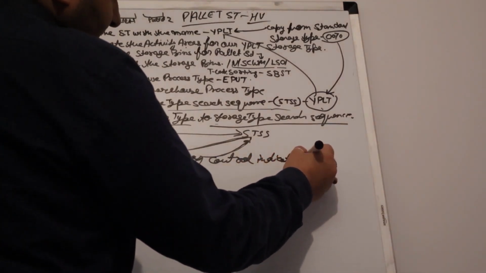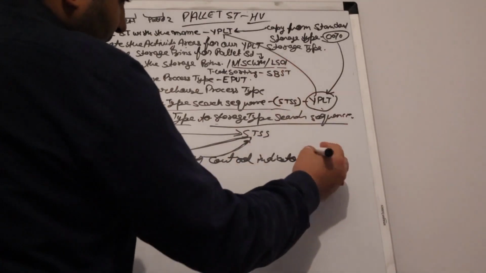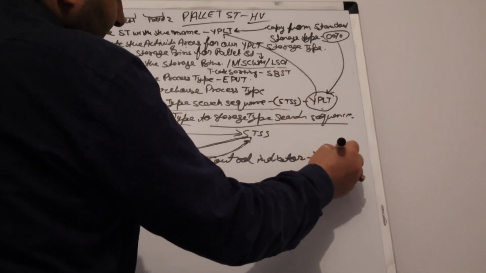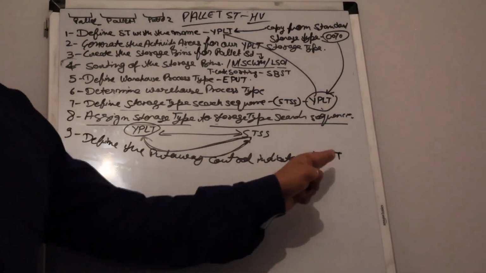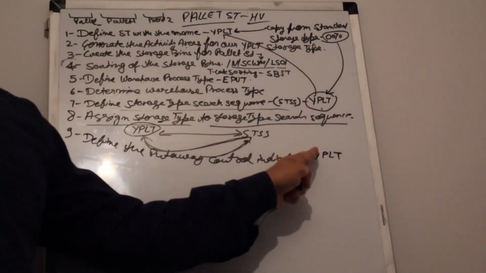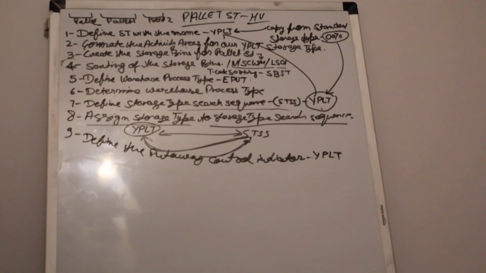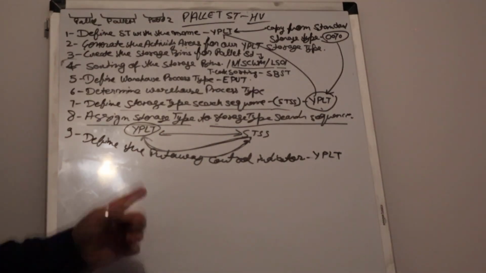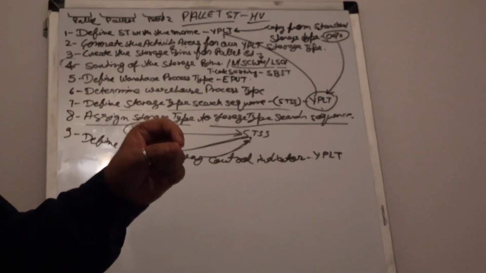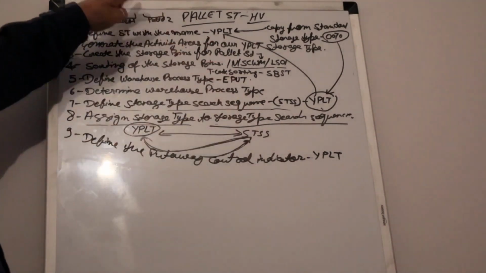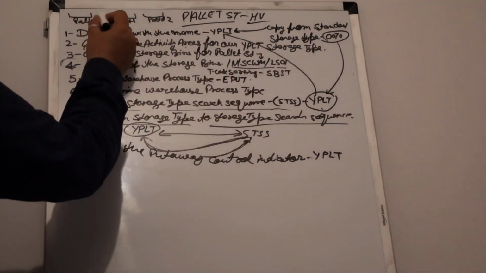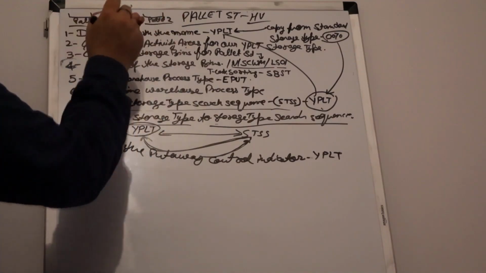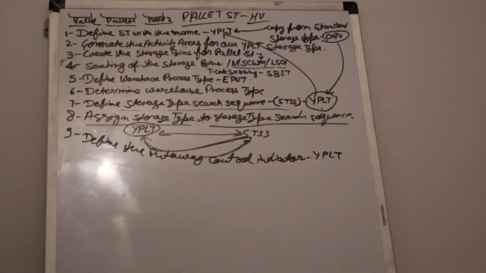Okay, indicator for whom? So the system will do the put away for this pallet storage type. The put away control indicator will indicate, okay, this is the storage type where we want to put this material. Which material? 3 meter, 4 meter, 1 meter pallet in the bin.